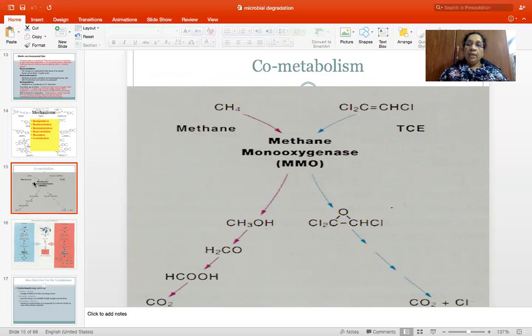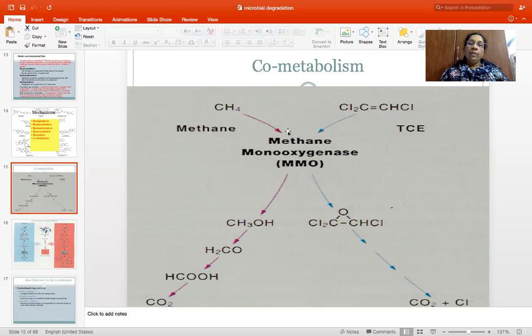That is, the microorganism does not have an intention of degrading a particular compound, but coincidentally this compound will be degraded. A classical example is the heterotrophs or methane oxidizing bacteria. They oxidize methane, that is, they utilize the methane as their food or carbon source.